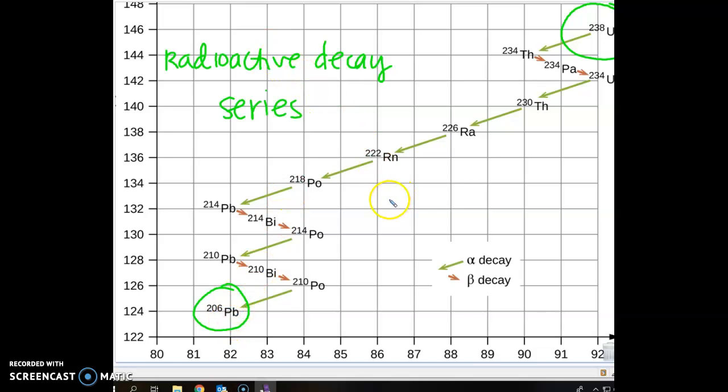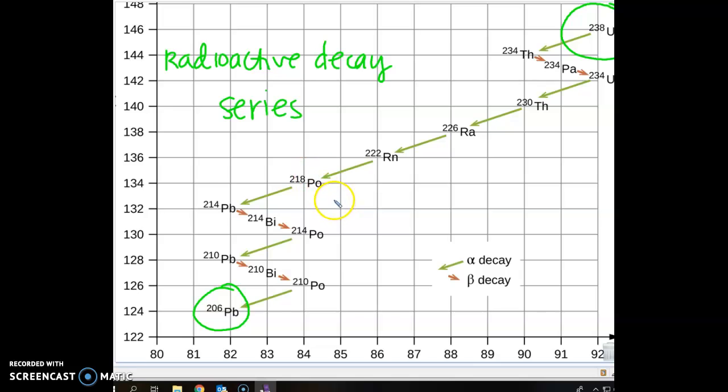So on your assessment, you're going to be looking at the decay series for neptunium. And I've told you the order that they go in. You're not going to have to know anything there. You're just going to have to know the order. And basically what you're going to do is fill in each equation as it happens. So as I look at this decay series, I see I have uranium-238 that alpha decays into thorium-234.